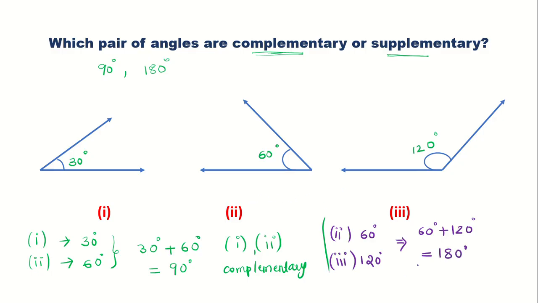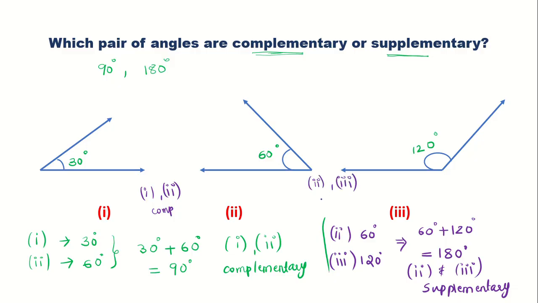So the pair of second and third is which angle? It is supplementary angle, right? The first and second pair are complementary angles, whereas the second and third pair are supplementary angles.